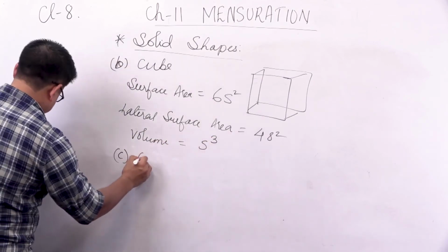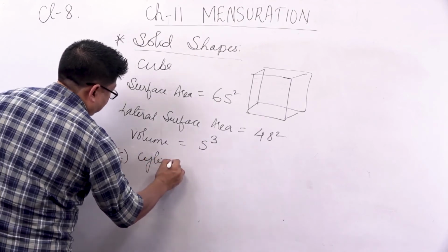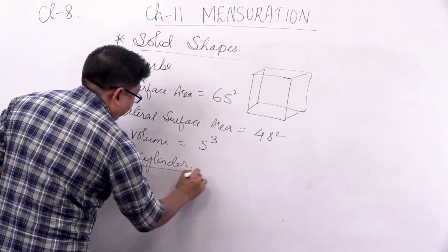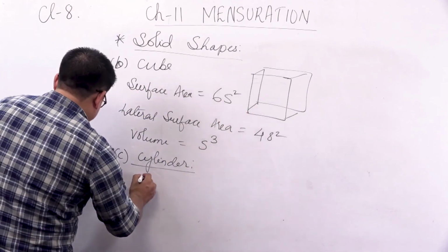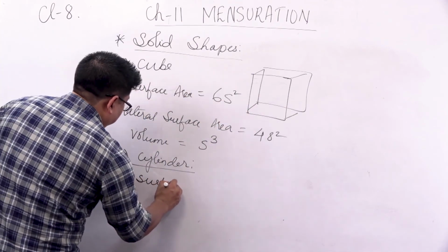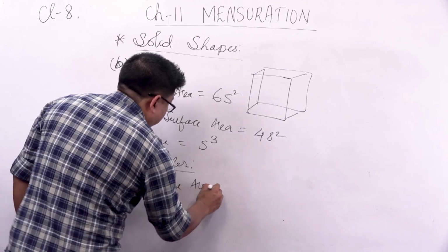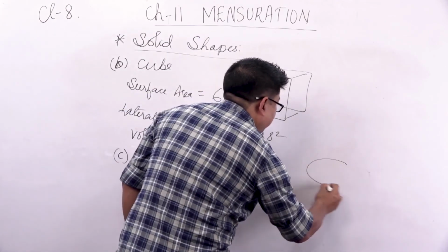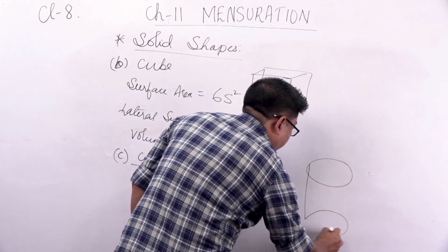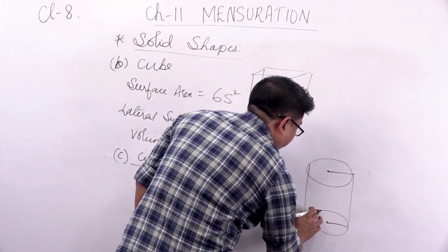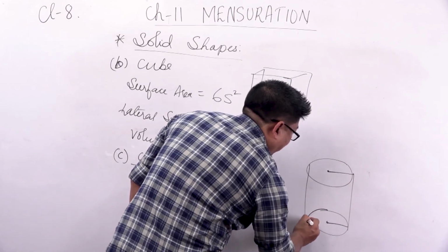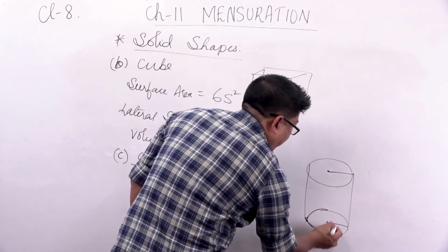Similarly for cylinder, now these are the formulas that you have to keep in mind. That's why we are just going through it. Surface area of cylinder. Your cylinder looks like this. You can imagine a pipe, a hollow pipe.